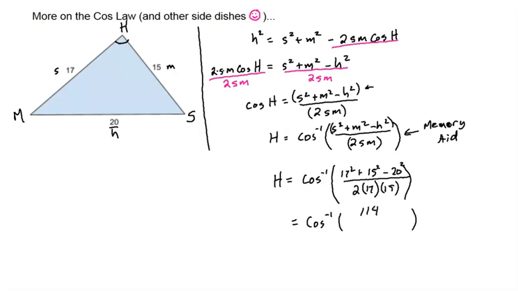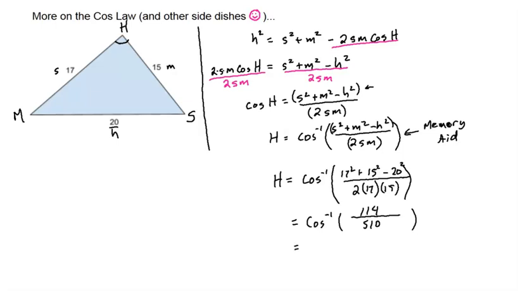One more word about this is that when you work this out, if you had come up with a negative number on top, then that means it would be an obtuse angle. On the bottom, it's 2 times 15 times 17, so we could do that in our heads, 510. And you do the division, divided by 510.